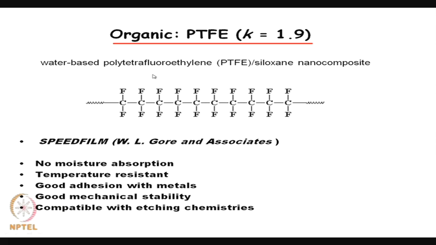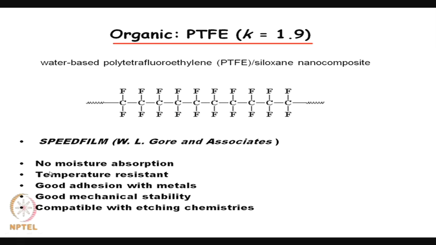Another material is PTFE, it is water based, polytetrafluoroethylene, PTFE, that means Teflon etc. That is a siloxane nano composite. The chemical structure is shown, and from WL Gore and Associates one material is available having polytetrafluoroethylene, that is a derivative of this, the speed film.